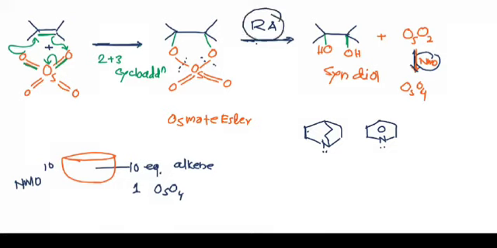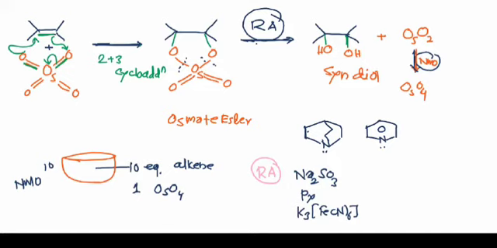These are the reducing agents, for example sodium sulfite. There is a list of reagents, called reducing agents, which help to break the osmate ester: sodium sulfite, Na2SO3, then pyridine, and the complex potassium ferricyanide, K3[Fe(CN)6].